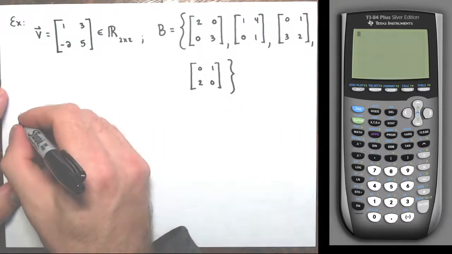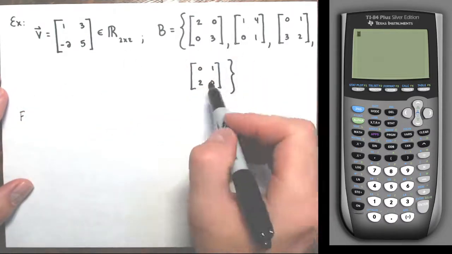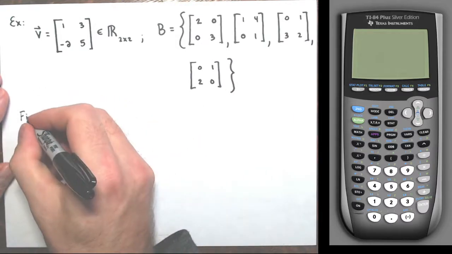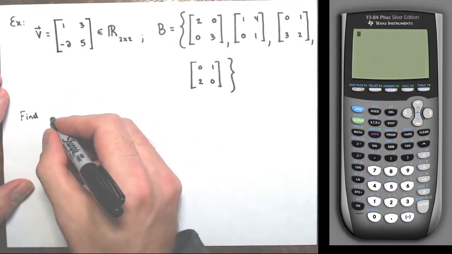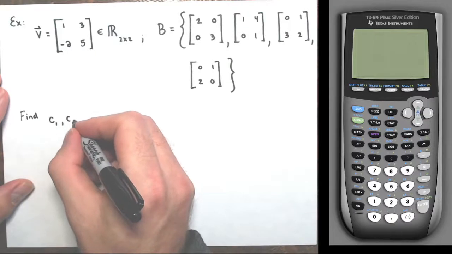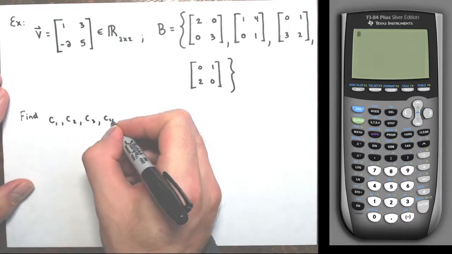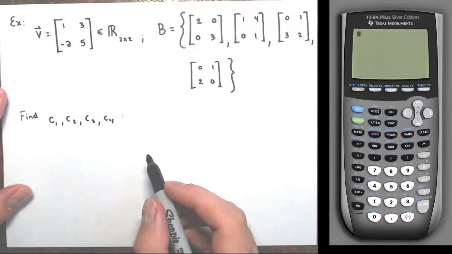Again, there are 4 vectors in this basis, so we're trying to find 4 coordinates, 4 scalars, C1, C2, C3, and C4, such that the following happens.